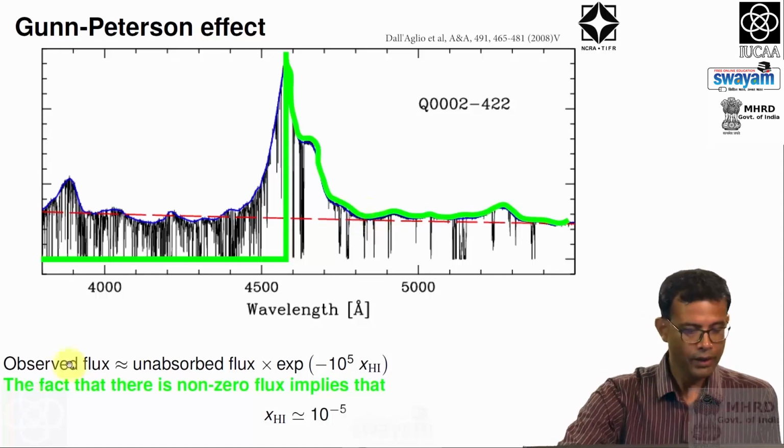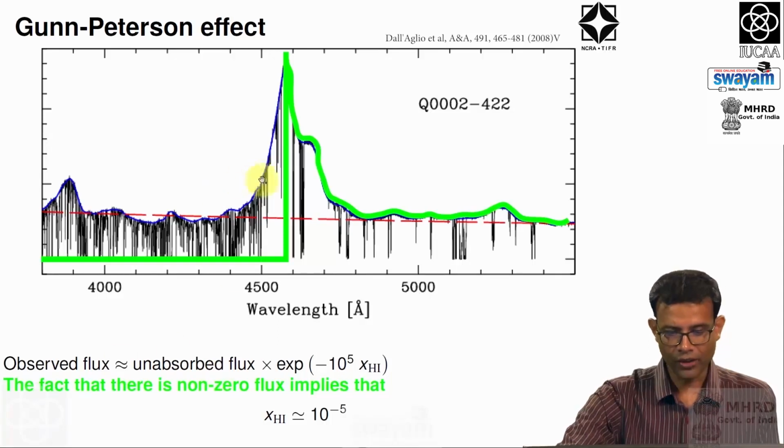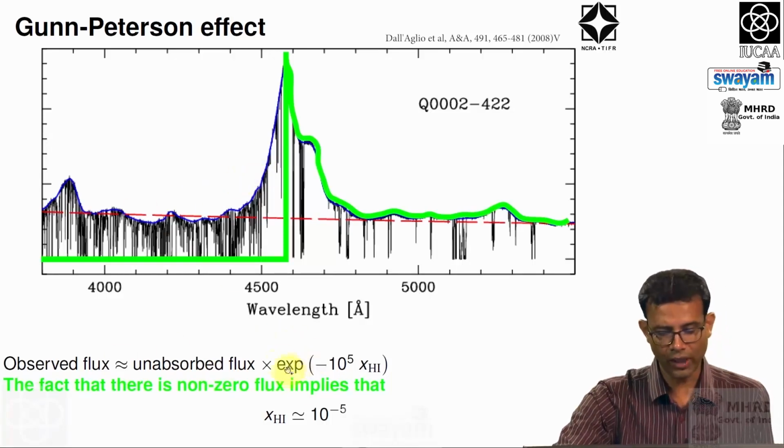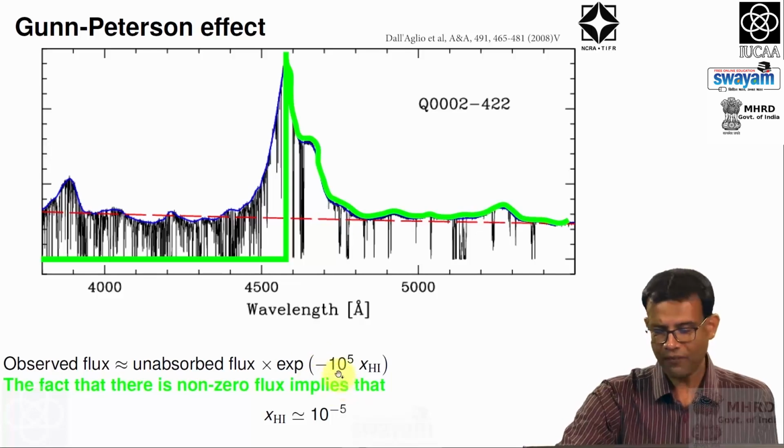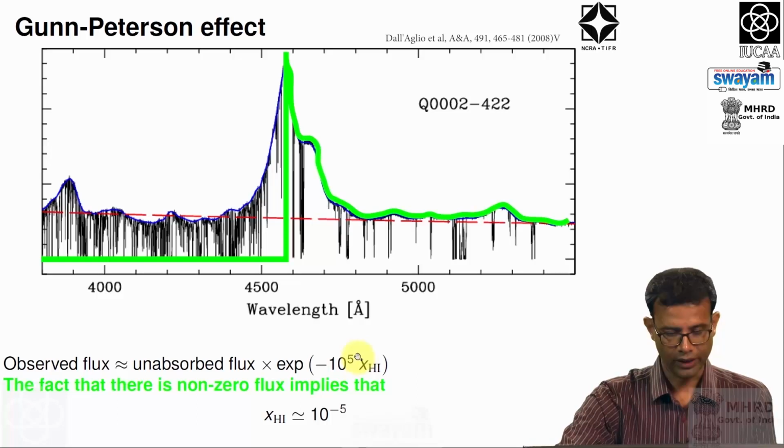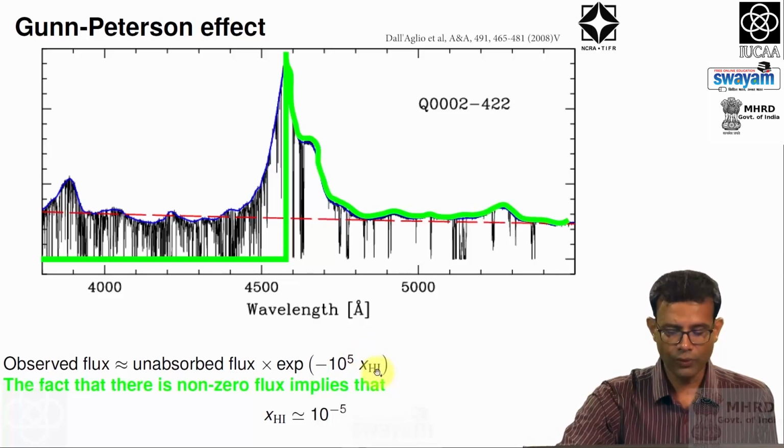You can work out that the absorbed radiation will be the unabsorbed flux, which is this blue line, times the exponential of minus a factor which is roughly 10 to the 5 times the neutral hydrogen fraction. X_HI gives you the fraction of hydrogen that is in neutral form. So, it is a dimensionless quantity.